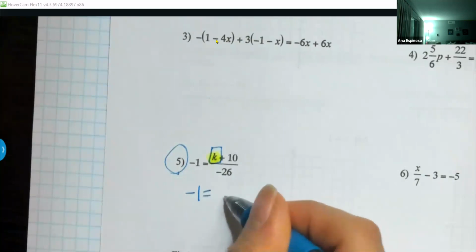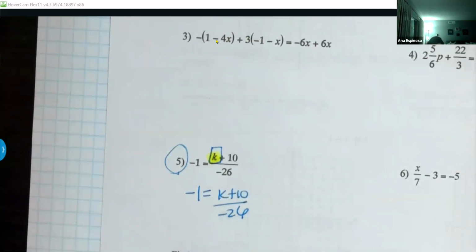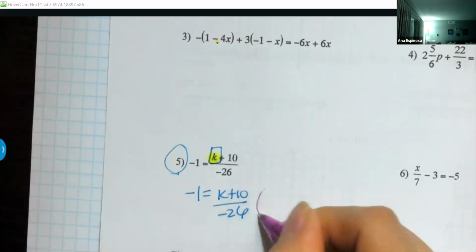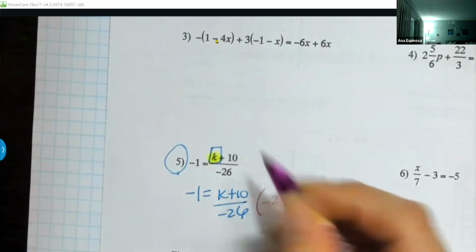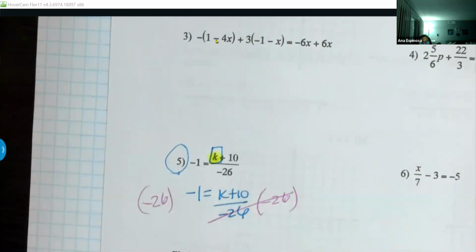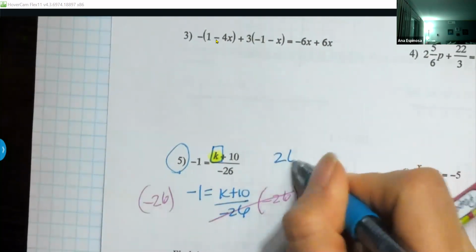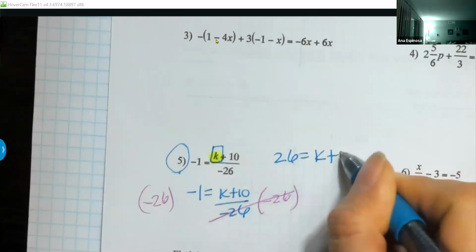So I'm going to rewrite this again, using a different color. And what we want to do is be able to get rid of this negative 26. And that then gives me positive 26 on the left side with a k plus 10 on the right.